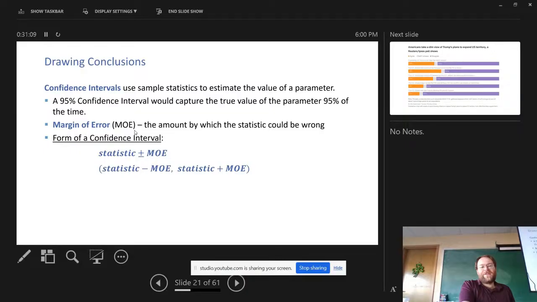A margin of error, or MOE, is the amount that you could be off by. Often reported as statistic plus or minus margin of error. So say I run a statistical study on myself on the average number of pieces of pizza that I eat for dinner.